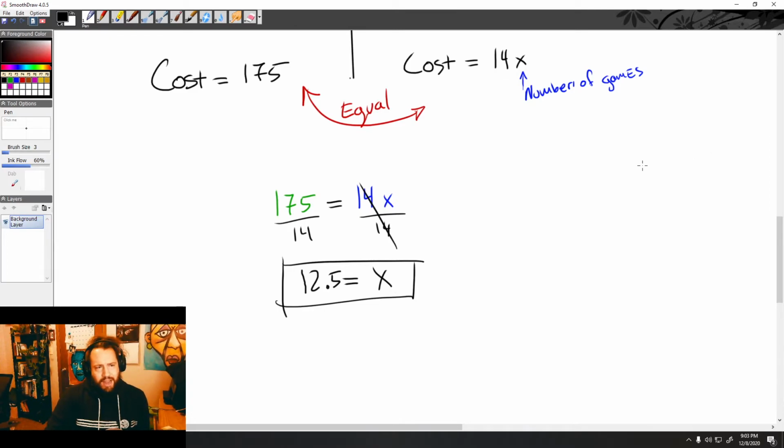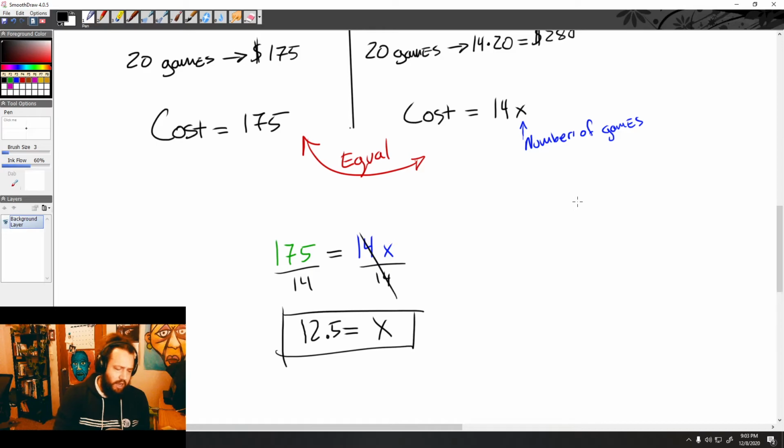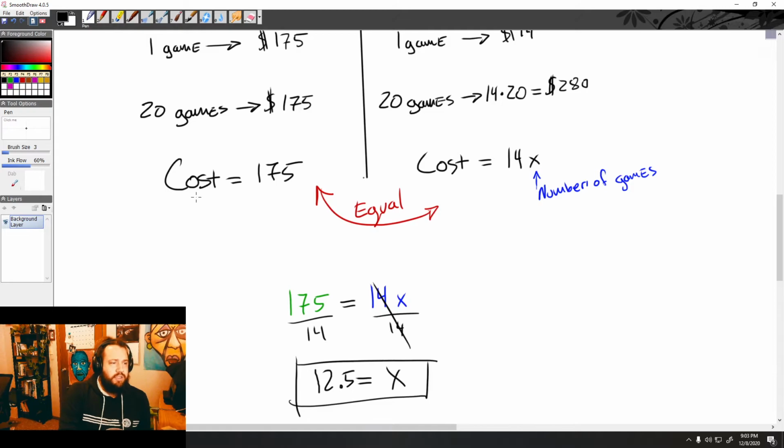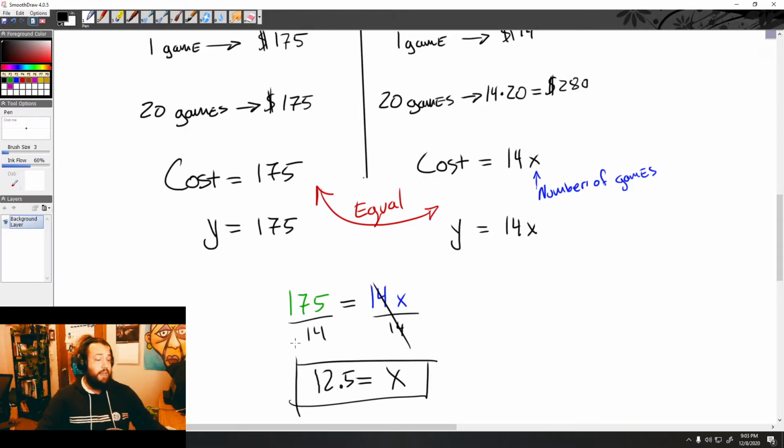We can actually graph this, as long as we convert these to XYs. So up here I had my cost equals 175. If I wanted to graph this, I could just set this equal to y equals 175. And over here it would be y equals 14x. And then you can play the same game.